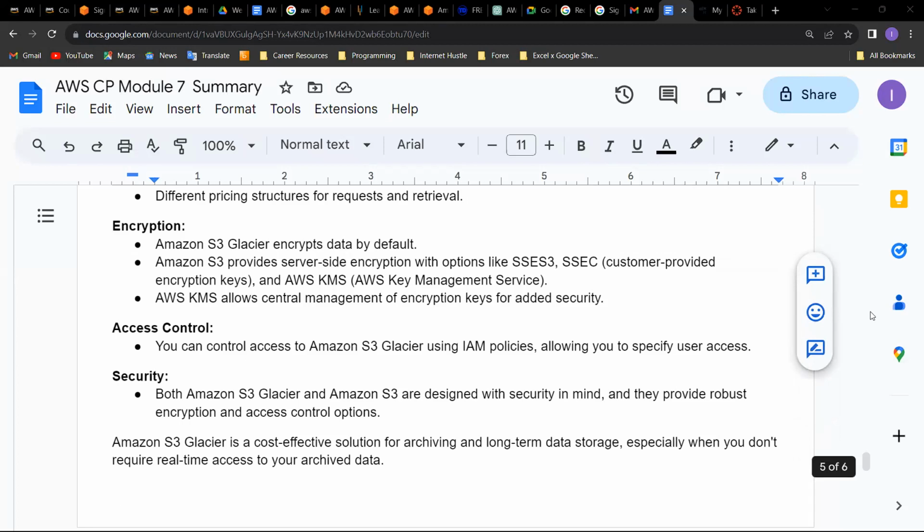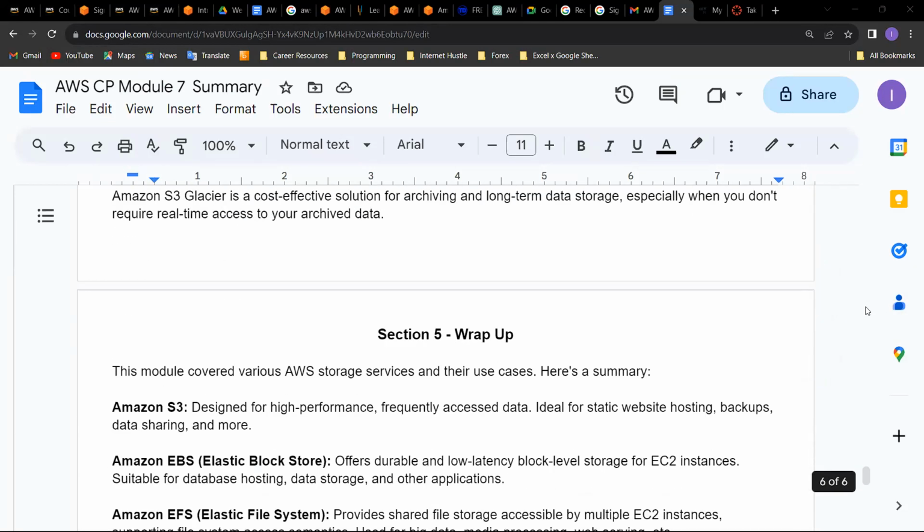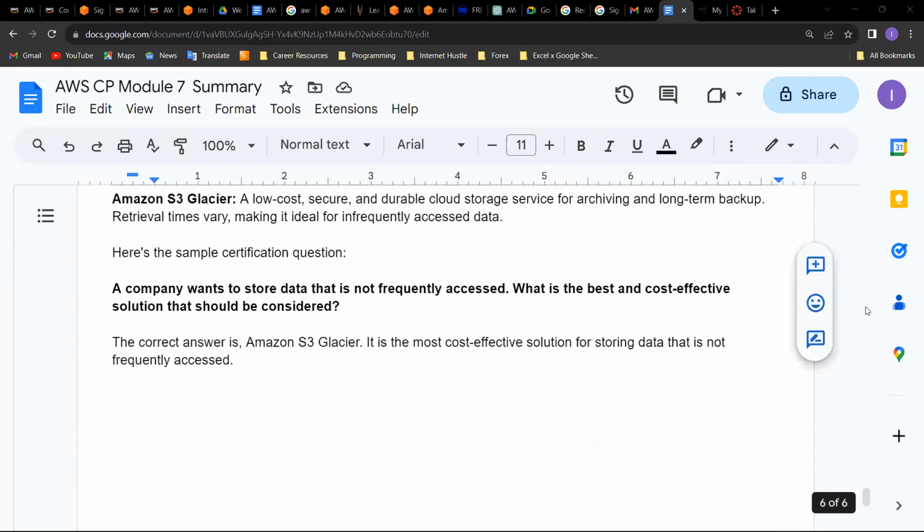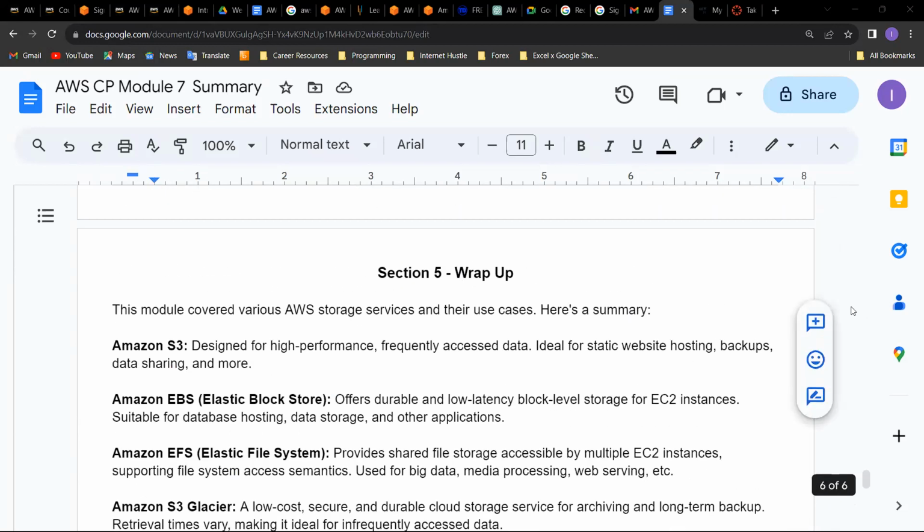And both S3 Glacier and Amazon S3 are designed, I mean, everything about AWS is designed with security in mind. So they provide robust encryption and access control options. So that brings us to the end of our storage module as far as cloud computing, a Cloud Practitioner is concerned.